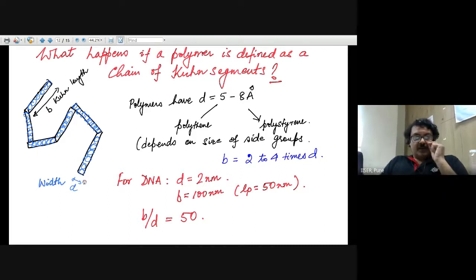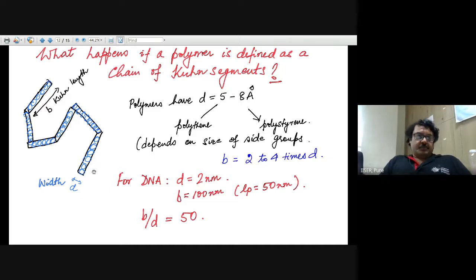Okay, now just to give you an idea, typical polymers have D equal to around 5 to 8 angstroms. So polythene has a width of around 5 angstroms and polystyrene has a width of 8 angstroms, right? And basically the width depends upon the size of the side groups.